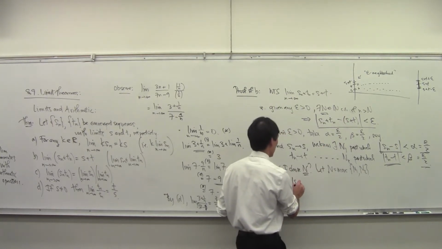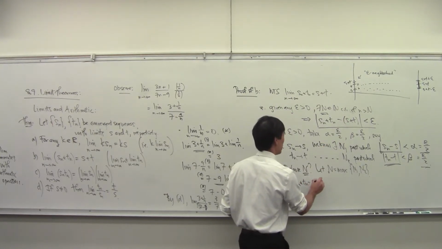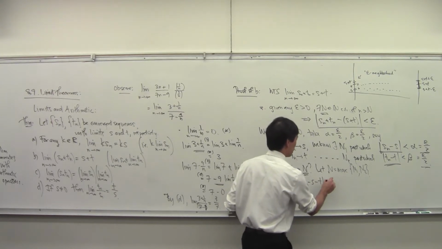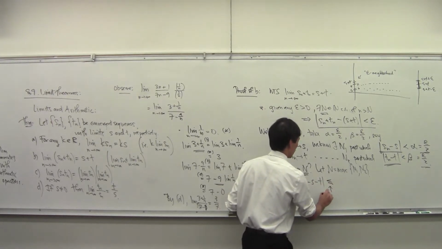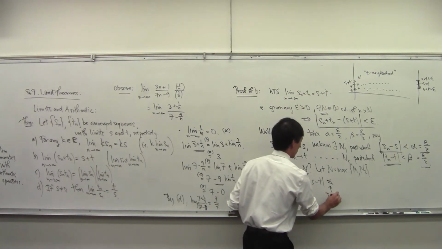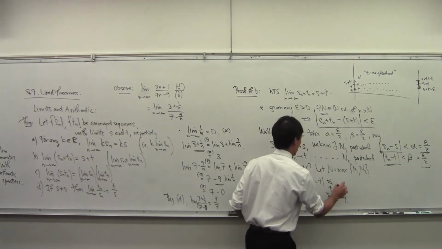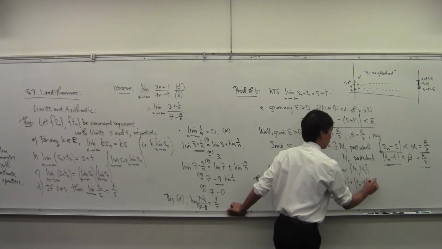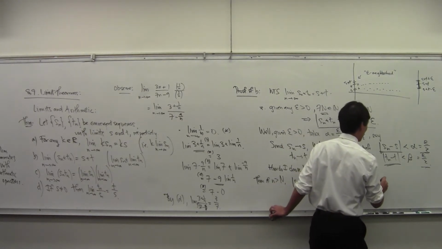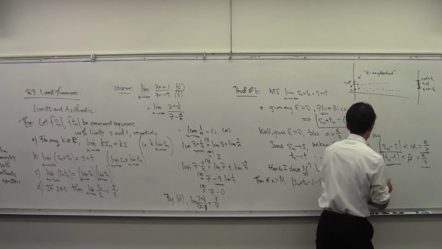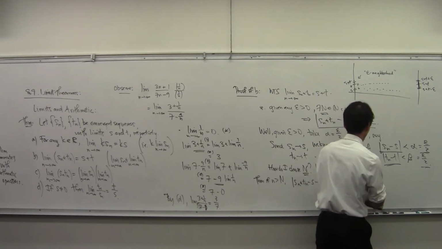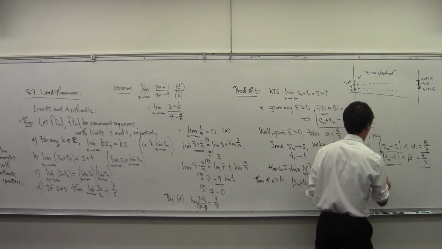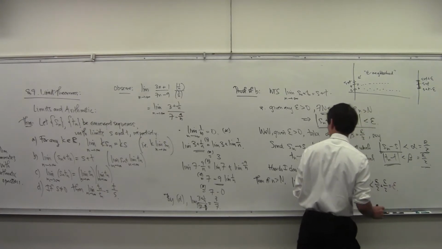We see that Sn plus Tn minus S minus T, by the triangle inequality, is smaller than or equal to Sn minus S plus Tn minus T, which is strictly smaller than epsilon over 2 plus epsilon over 2, which is epsilon.